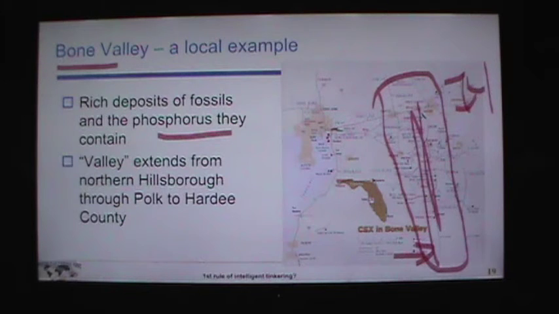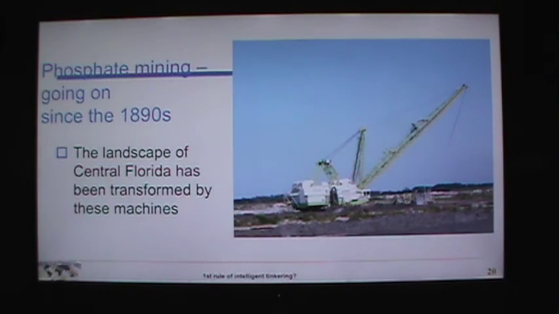Phosphorus is something that we need. It's a primary part of the fertilizer. Phosphate mining in this area has been going on for more than 100 years. And it has changed, as you saw in those moonscapes, the landscape of central Florida, thanks to the work of these machines.